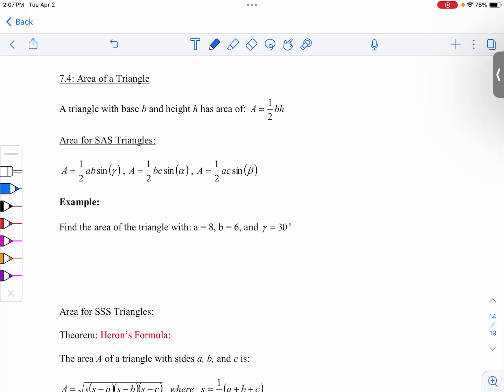Along those lines, I want to find the area of a triangle with sides A, B, and angle gamma. And this is literally the definition of area of side angle side triangles.